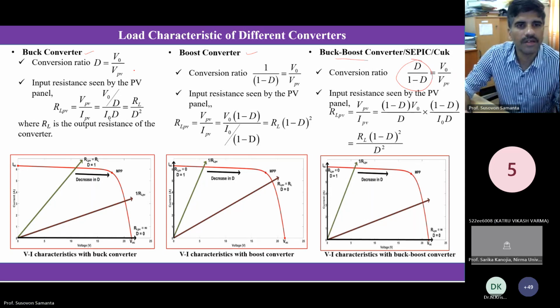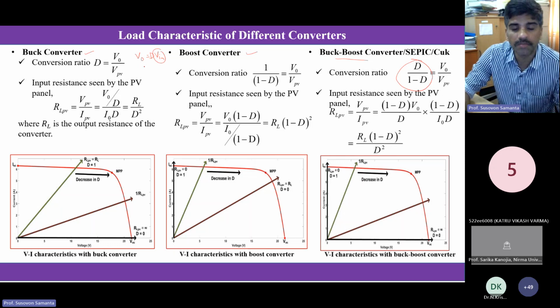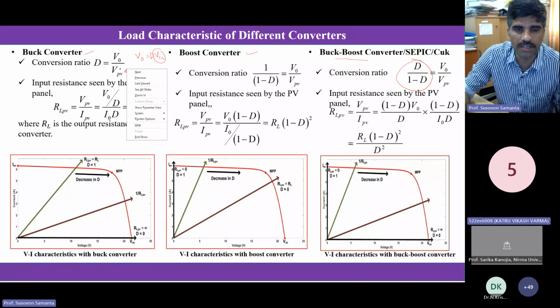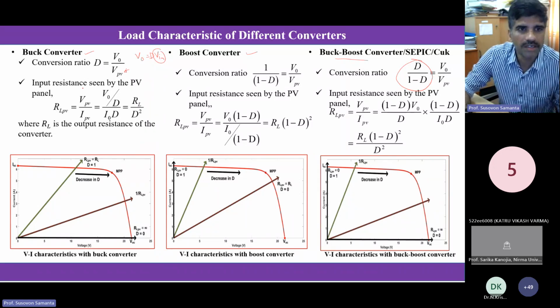Now, if you have a buck converter, you know that your output voltage is D times the input voltage, and the input is now a PV panel. So it is your PV voltage, the panel voltage. That is why D is equal to V0 by VPV. Now this is important: the input resistance seen by the PV panel.